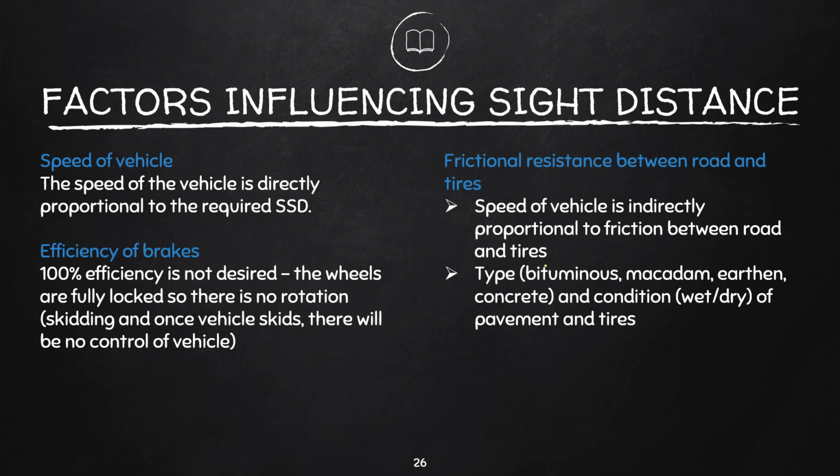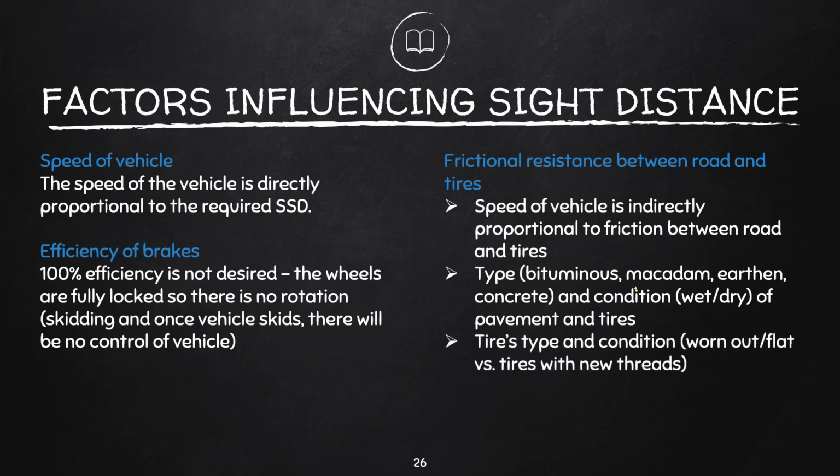It is also affected by the type and the condition of the pavements. So here, again, as I have mentioned, the condition of the pavement, if that is wet or dry, affects the friction. And of course, the type, if that is bituminous, macadam, earthen, or concrete. And it is also affected by the tire's type and condition, that is worn out, flat, versus tires with new treads.